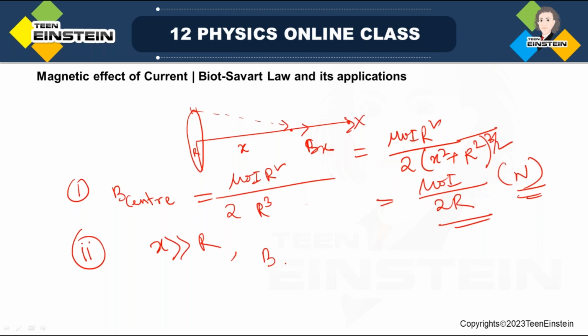In that case, the magnetic field will be along the x-axis, mu 0 I r square divided by 2 into x square, which when multiplied gives x cube.